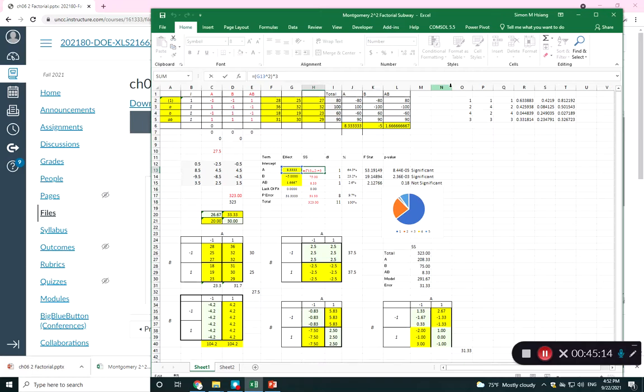So you get your sum of square, your sum of square, your sum of square. Once you have your sum of square, divide by 1 degree of freedom. And then of course, the total sum of square is what? You can use your variance to figure that out, but the leftover is your pure error term.